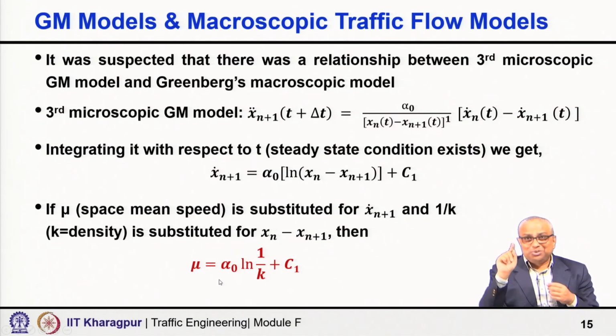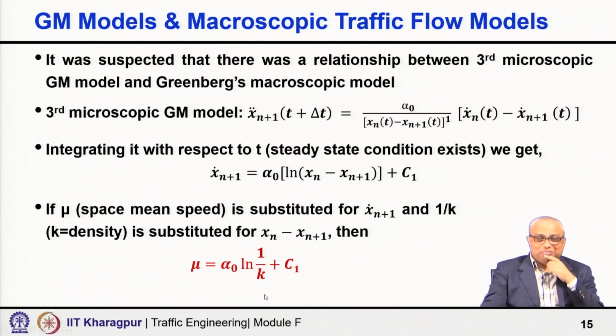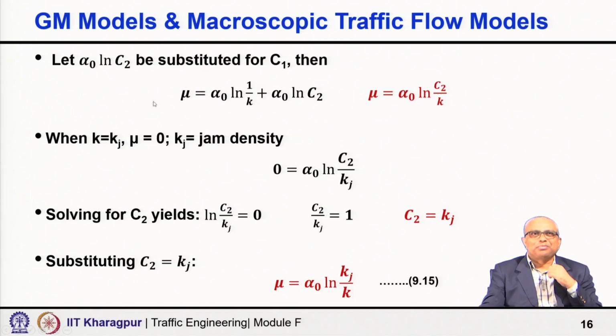We have moved one small step. It still does not look right, yes, 1 by k has come, but plus C 1. So now let us see what we can do with C 1. C 1 is a constant, and it can be written as alpha 0 into ln C 2.